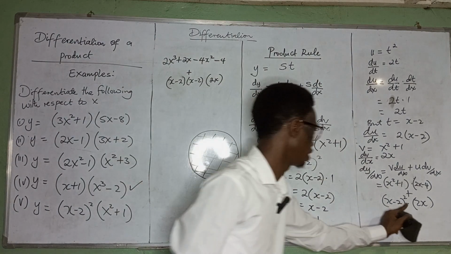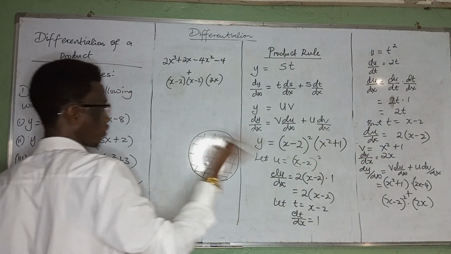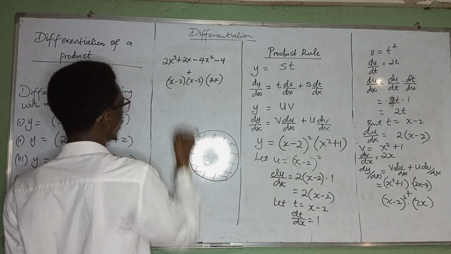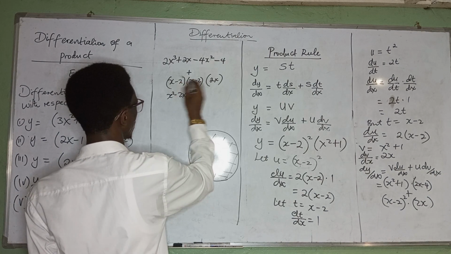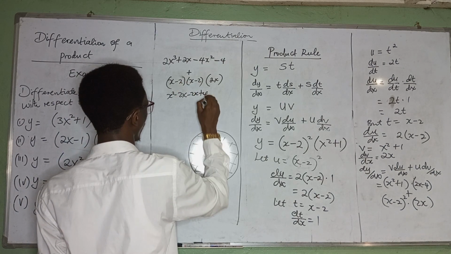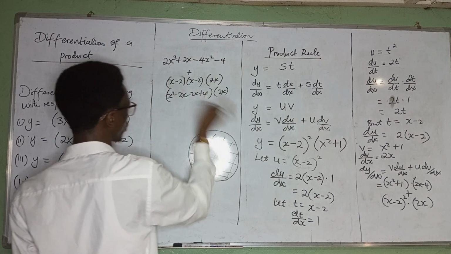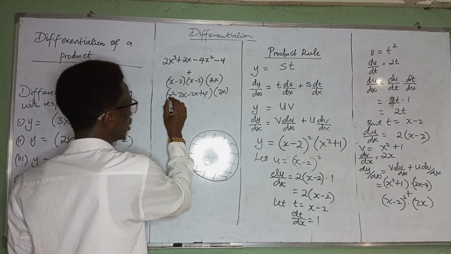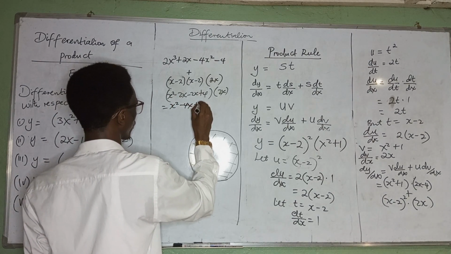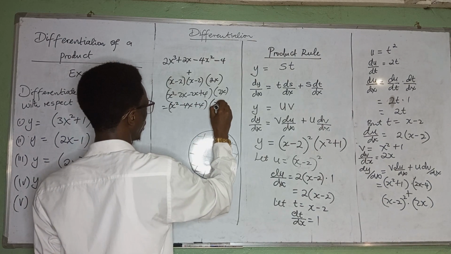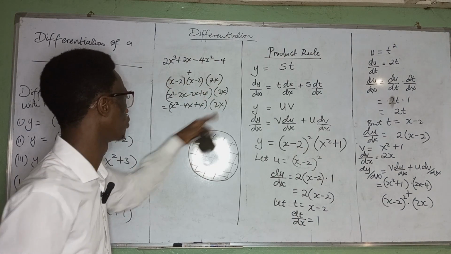I know it's going to be x squared minus 4x then plus 4. So this and this becomes x squared, and this and this becomes minus 2x, minus 2x and plus 4. You see that everything I multiplied by 2x. So this becomes x squared minus 4x plus 4, all multiplied by 2x. You get that? So meaning the whole of this becomes this.